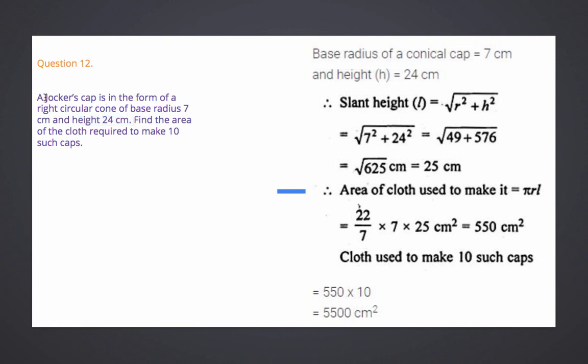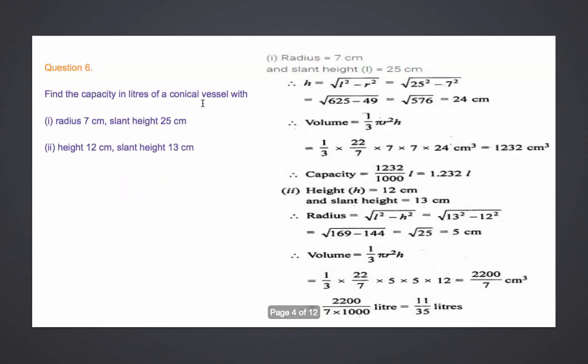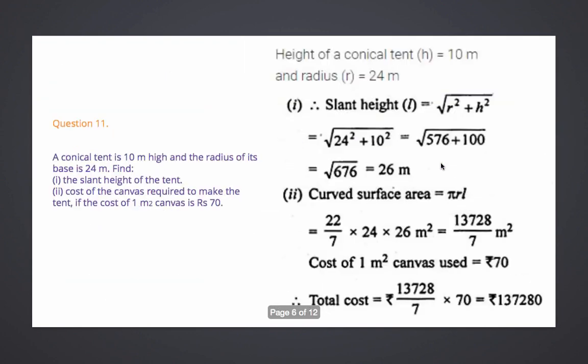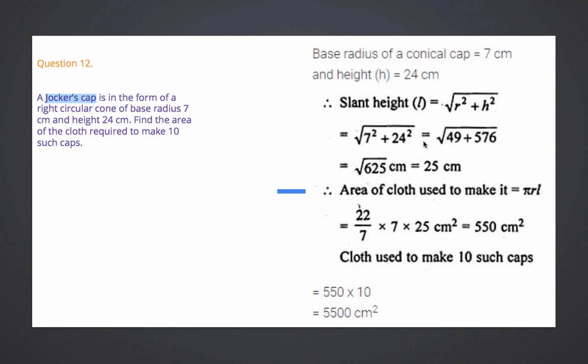Students, joker's cap. Pay attention. Just now I explained the birthday cap. So, exactly the same as the joker's cap as well. Like this only it is there. So, what's the formula for slant height? Yes, we discussed it. Square root of r square plus h square. So, r is 7, 7 square 49, plus 24 square, that is 576.